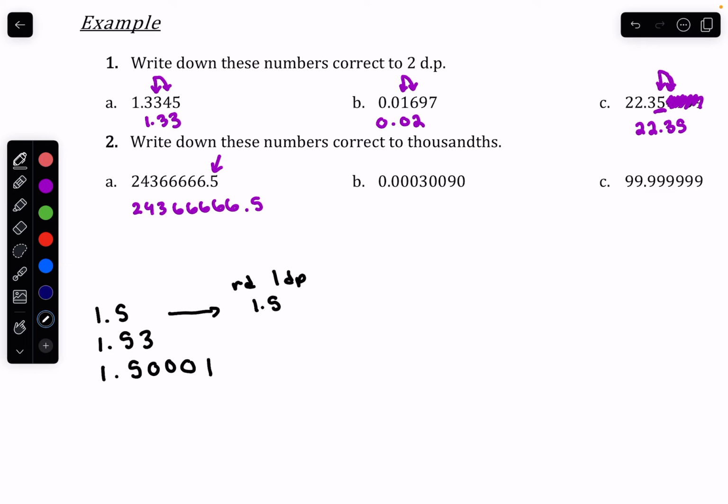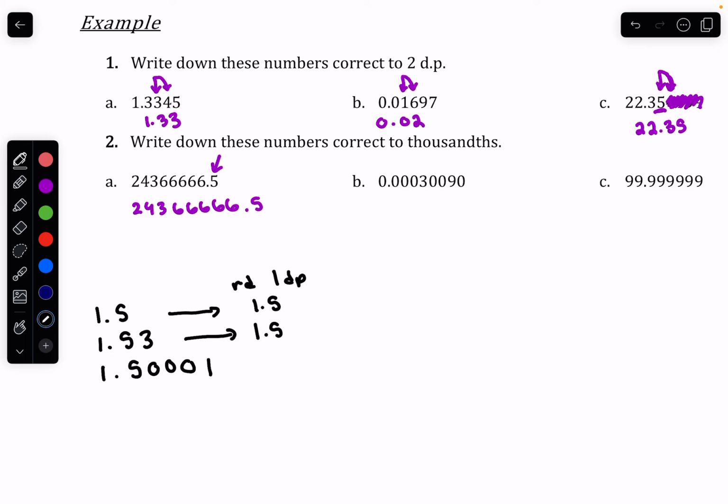Okay. The second number, 1.53. So I look to the right of the 5. So here's my first decimal place. I look to the right. It's a 3. That's smaller than 5, so I'm going to leave that 5 a 5. So it's going to become 1.5.